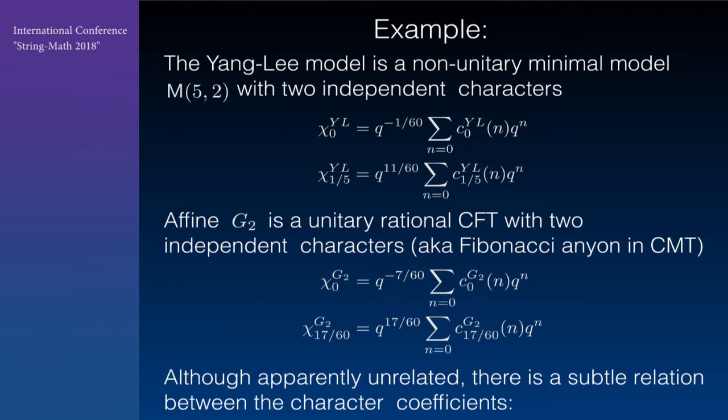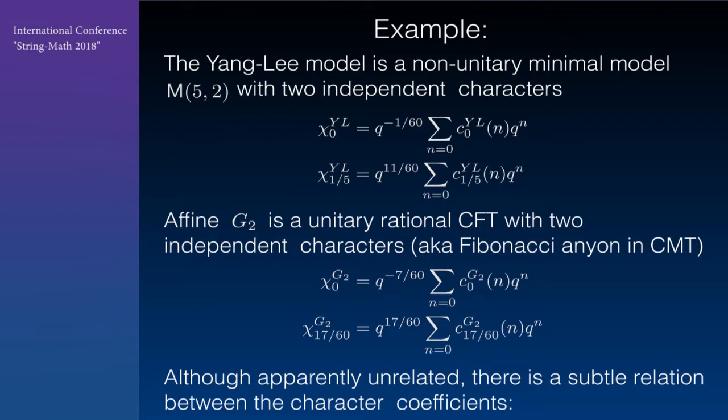Because it's non-unitary, it's a little confusing which you should call the vacuum character, but anyway, I've labeled them in a particular way. These characters are well known in the mathematical literature. They are functions that satisfy the Rogers-Ramanujan identities, but that won't be needed for right now.